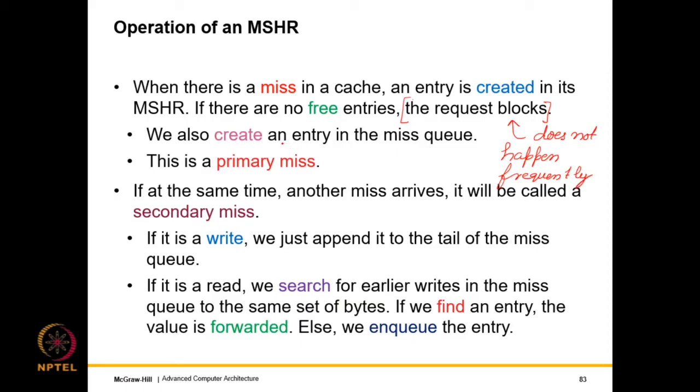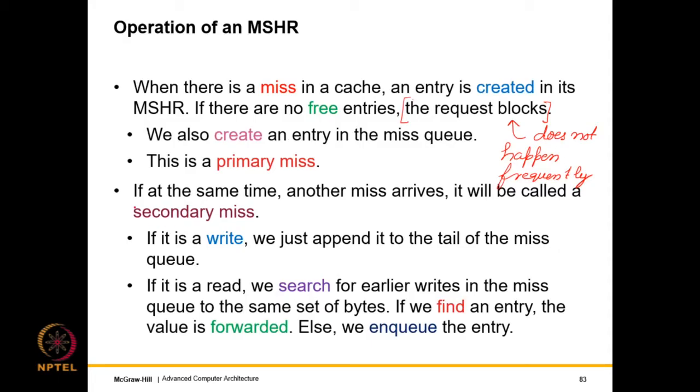So what we also do is we also create an entry in the miss queue, which will be the first entry. This is known as a primary miss. So once a primary miss is there in the miss queue, we need to add additional entries if there are subsequent misses before the data actually arrives.